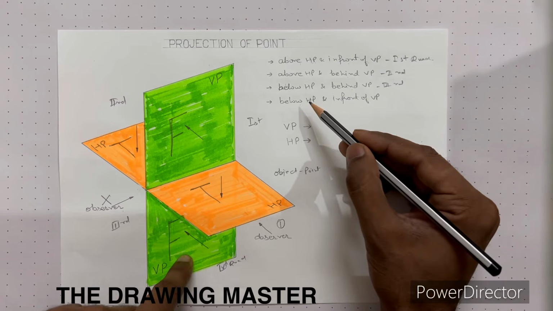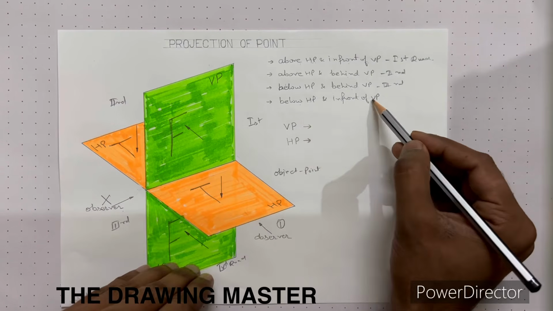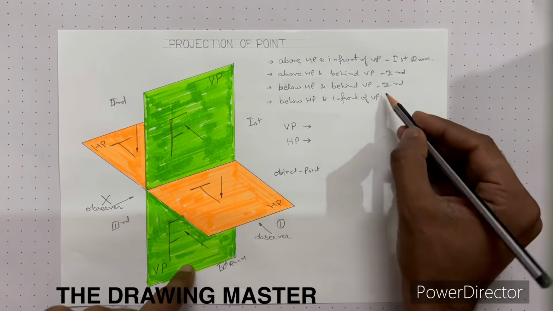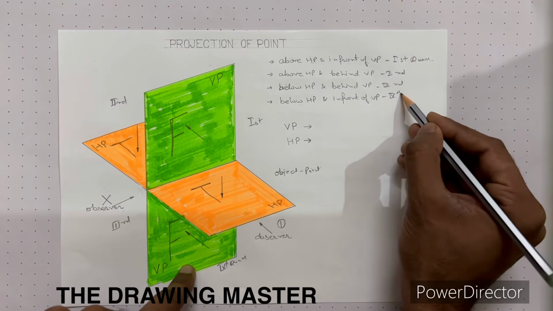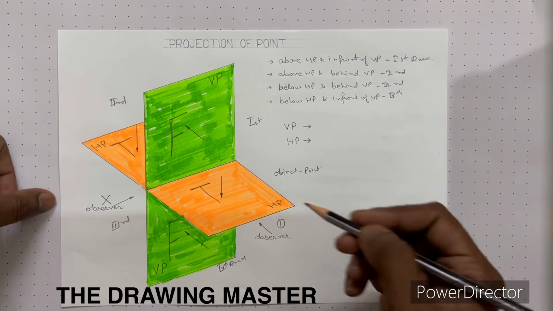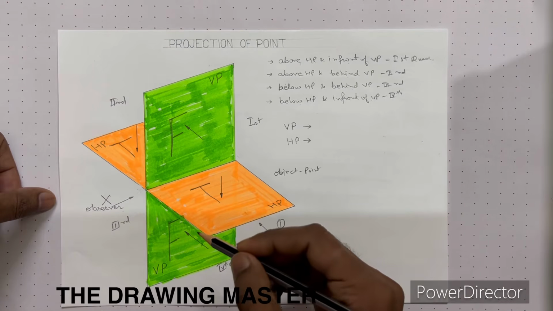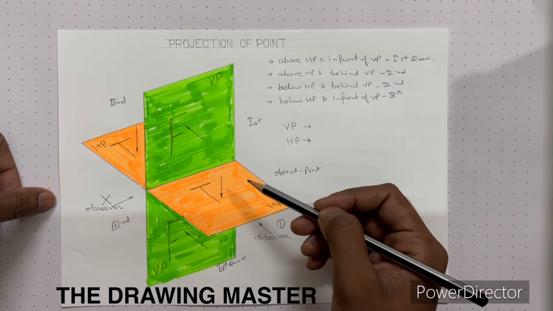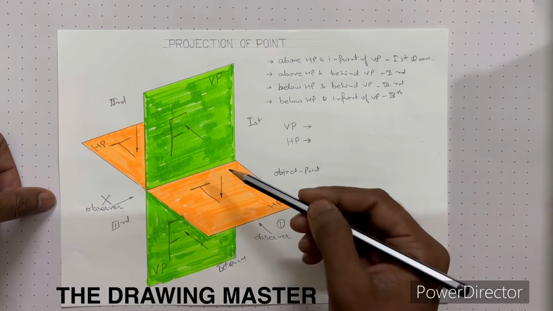Below HP and in front of VP, this is fourth quadrant. Right? These are the four quadrants. So now, what is the labeling of the front view and top view? That we'll see. I hope the quadrants are clear.